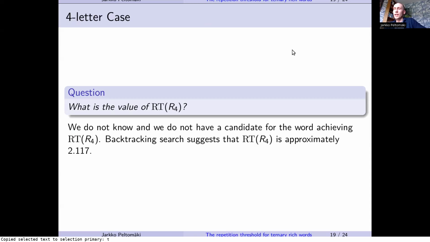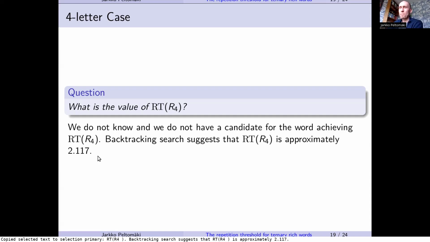I don't have any candidate word that would achieve this. I did some backtracking searches which suggest that the correct value is around 2.117, but that's pretty much as far as I've gone with this 4-letter case.